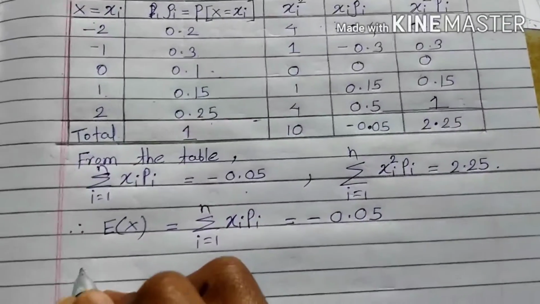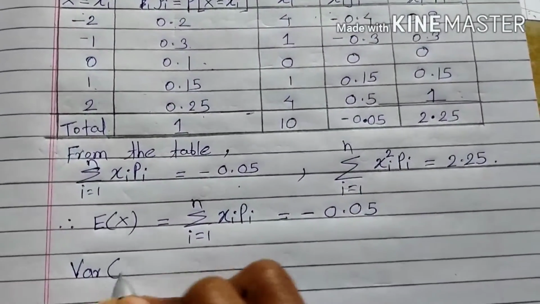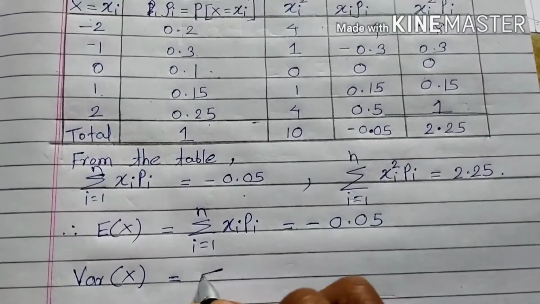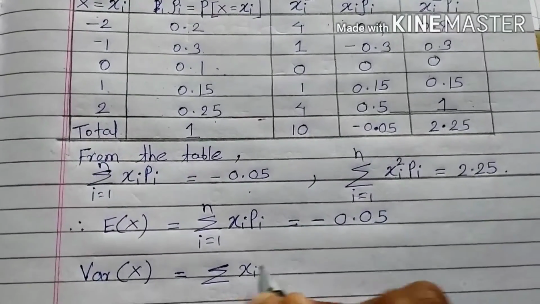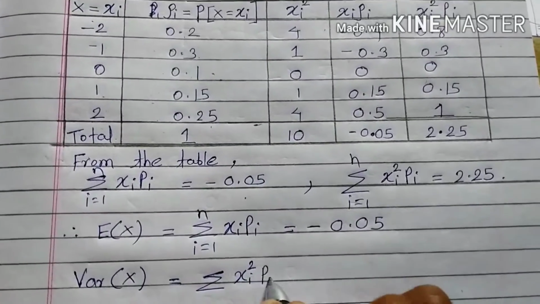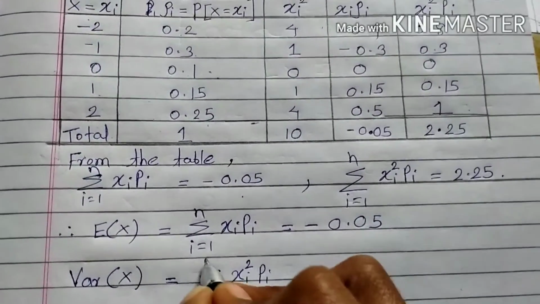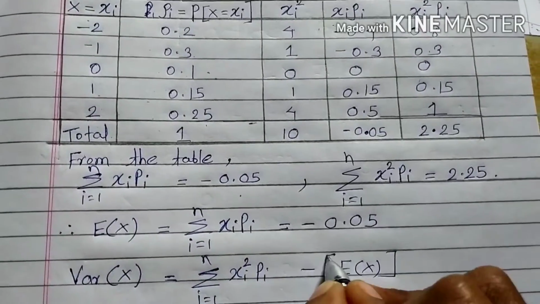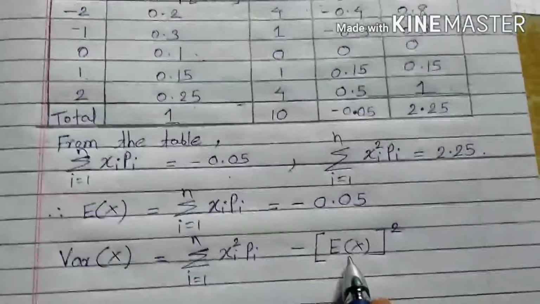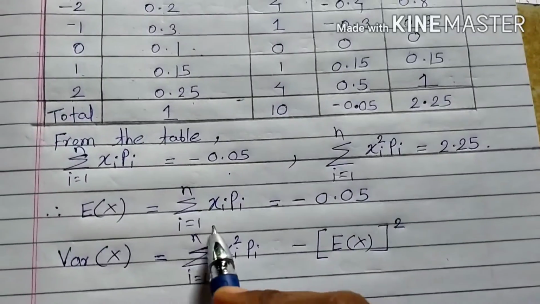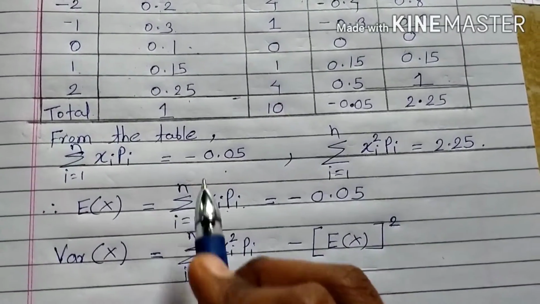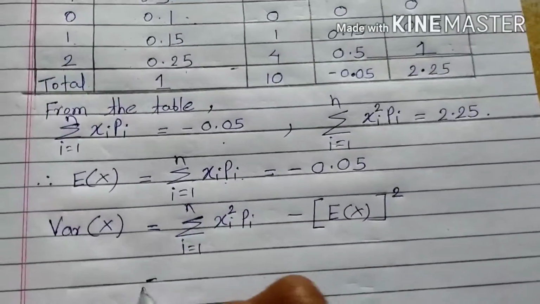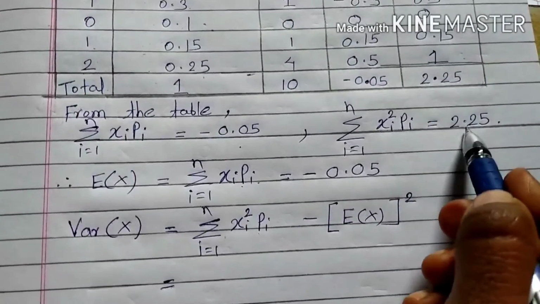Now we have to find variance of x. So variance of x is equal to summation of xi square pi, where i runs from 1 to n, minus E(x) whole square. Or you can also write summation of xi pi, where i runs from 1 to n. Whatever you want, you can write. Now the value of this is 2.25.